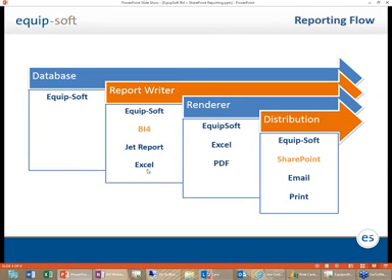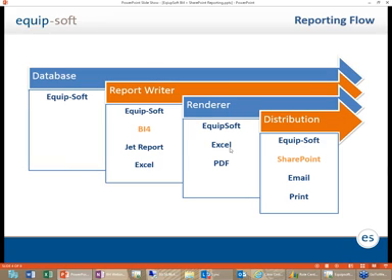And of course, you know about Jet Reports and you know about Excel. But now, of course, we've added a component here for the BI4. Basically, what it does is it takes the information from the database and creates a view or a cube for it. I'll talk about that in a few minutes as far as what that means.